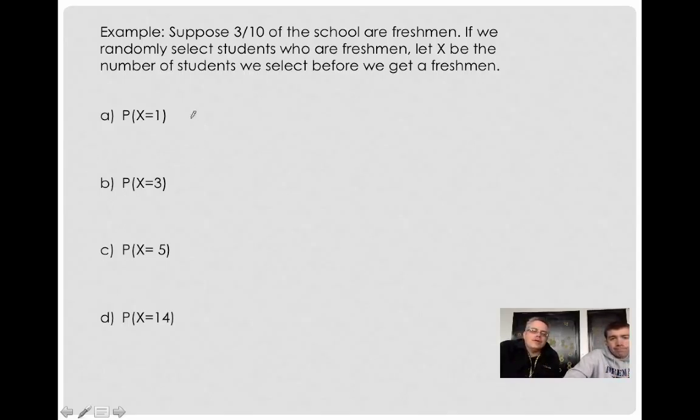So the probability X equals 1 is just 3/10. That's the probability the first one is a freshman. The probability X equals 3: got to fail twice, so 7 out of 10 times 7 out of 10 times 3 out of 10. Let's just leave it like that. The probability X equals 5 would be 7/10 to the fourth times 3 out of 10.